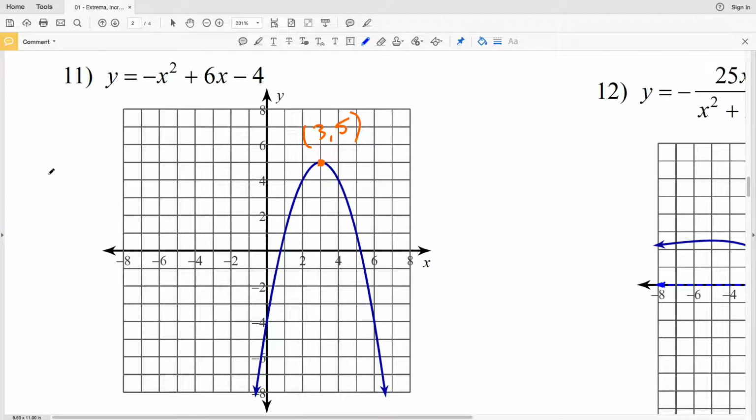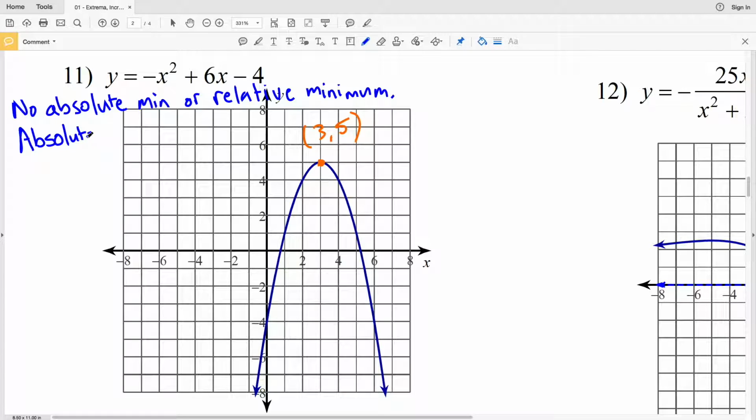So we have no absolute or relative minimum, but we have an absolute maximum, which it's safe to assume is also the relative maximum, at (3, 5).